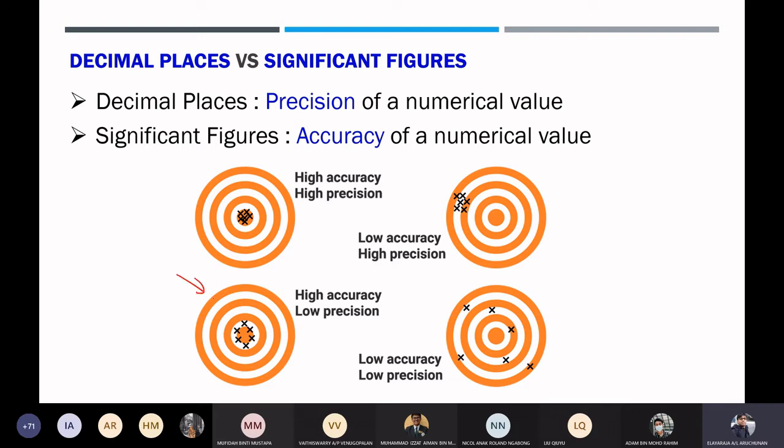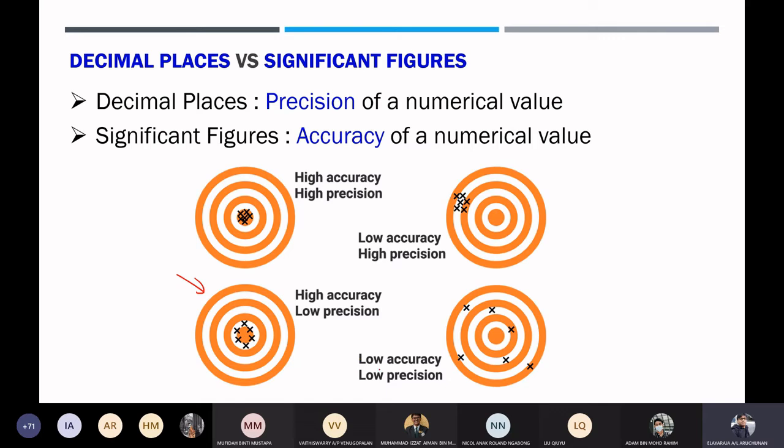High accuracy because all the targeted points are towards the center, but low precision because the targeted shots are away from one another. There is a distance, not close to one another. These are called low precision.